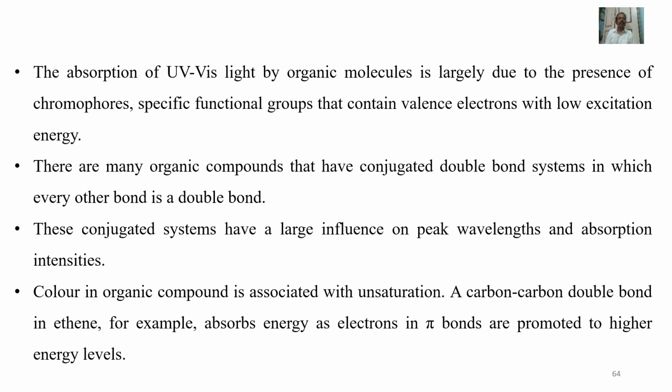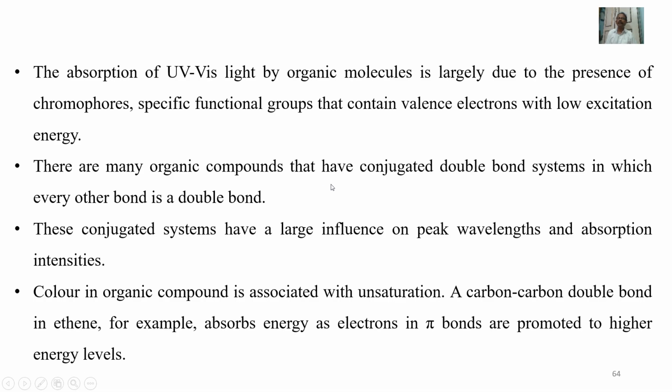The absorption of UV light by organic molecules is largely due to the presence of chromophores, specific functional groups that contain valence electrons with low excitation energy. There are many organic compounds that have conjugated double bond systems in which every other bond is a double bond.